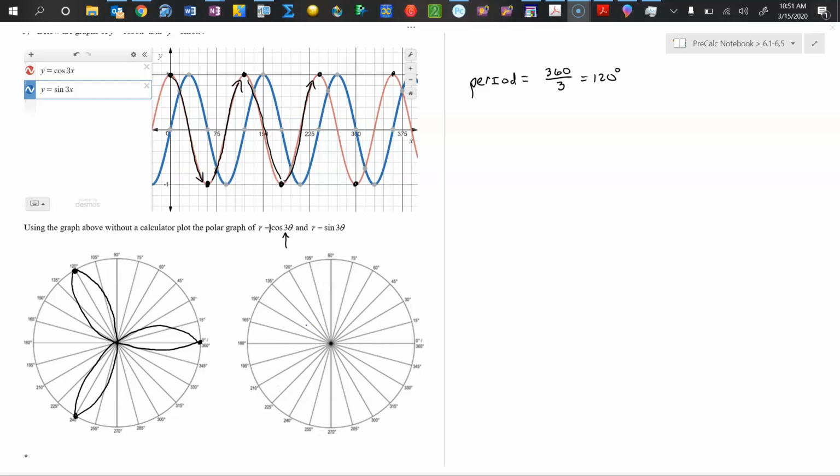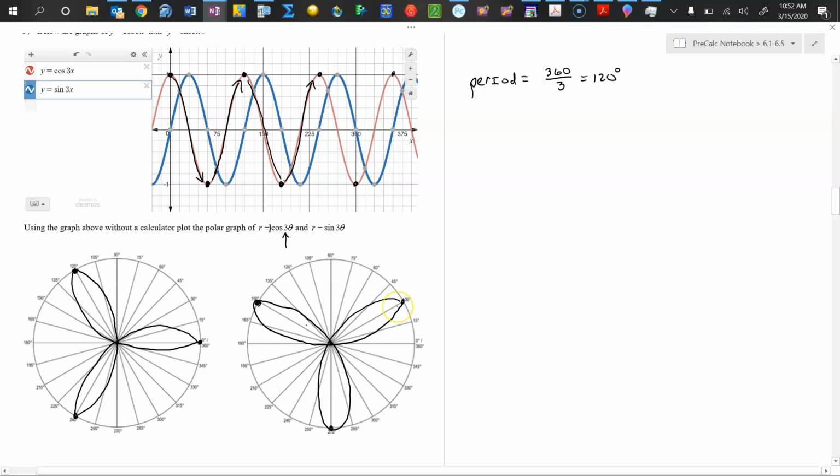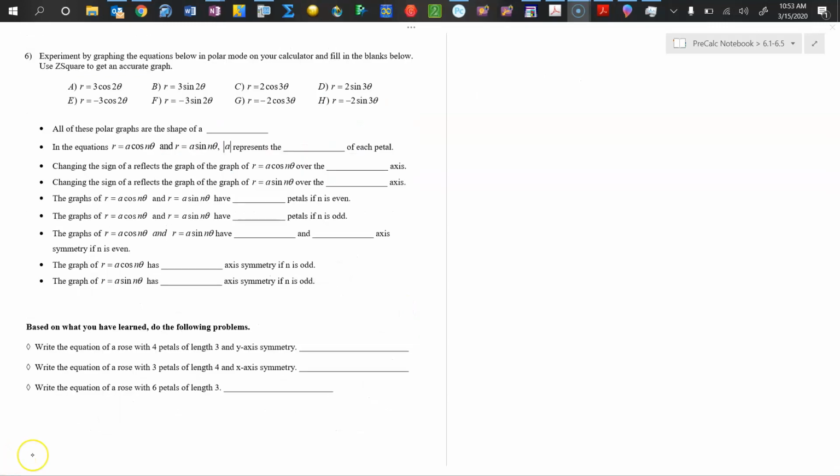So instead of having a petal at its longest point at 360 or 0 degrees, it will happen at 30 degrees and every 120 degrees after that. So at 150 degrees and then at 270 degrees. Otherwise, it's going to look identical to the graph of r equals cosine 3 theta.